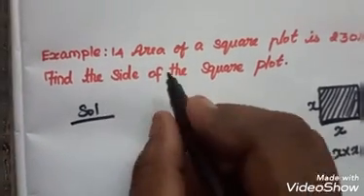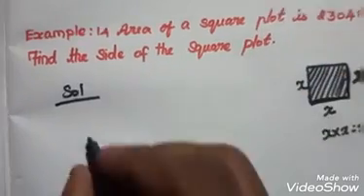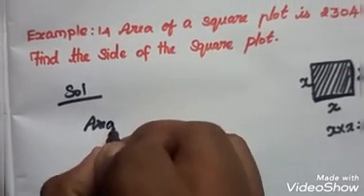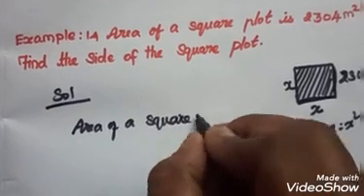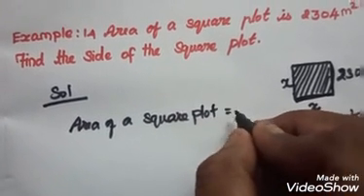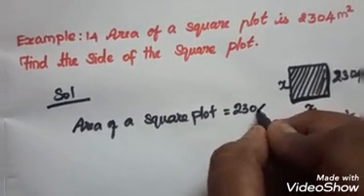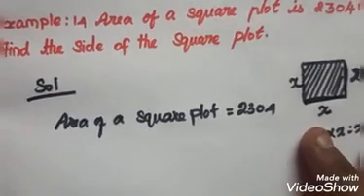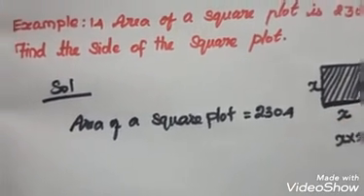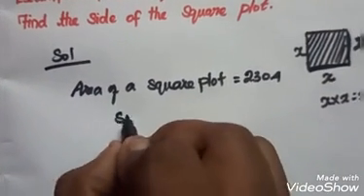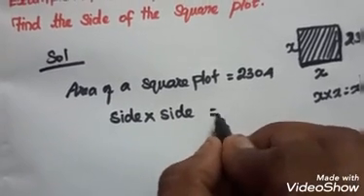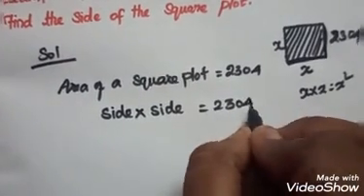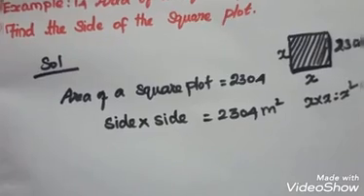In a solution, we need to write the given value. Area of a square plot is equal to 2304. But we don't know the side. It can be written as side into side, which is equal to 2304 meter square.